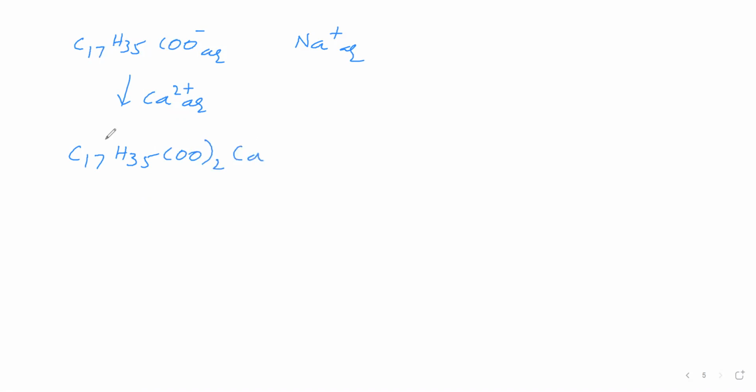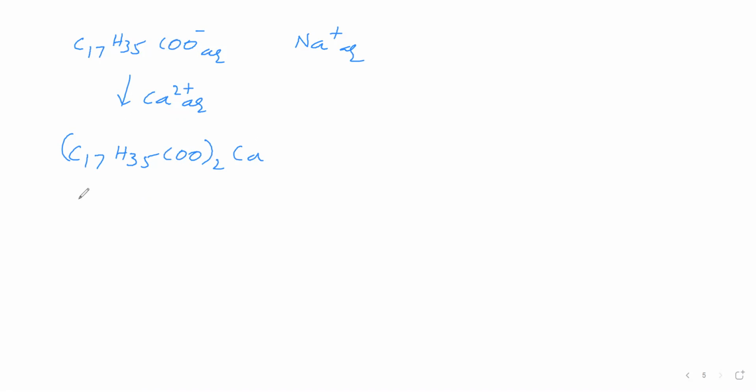Now we have taken the soap, dissolved in water like this. In the water, we consider the calcium ions present. These calcium ions combine with this anion and become (C17H35COO)2Ca. This is called calcium stearate.